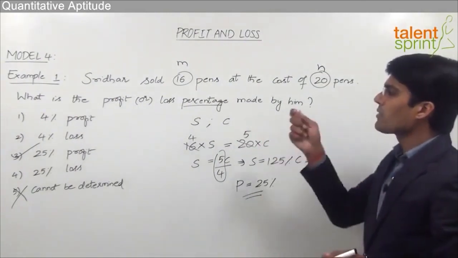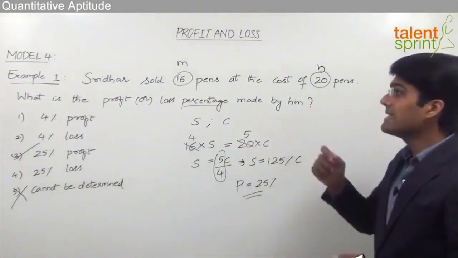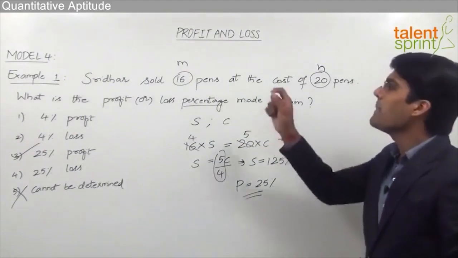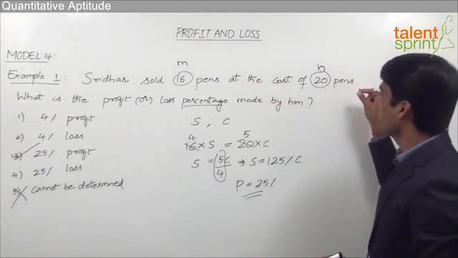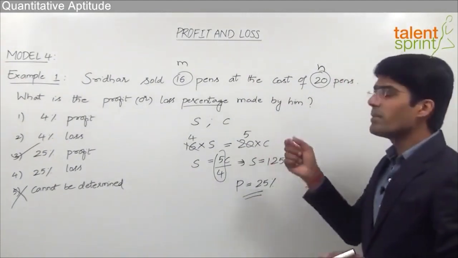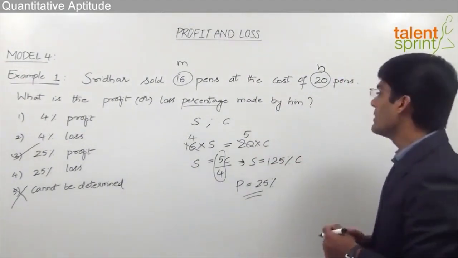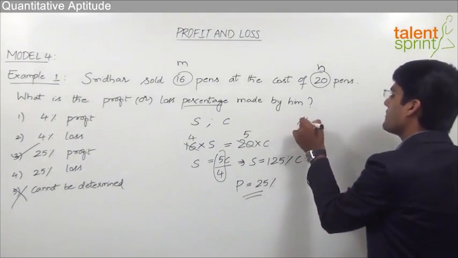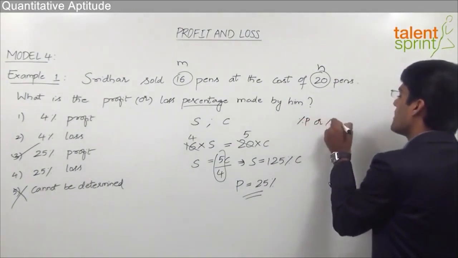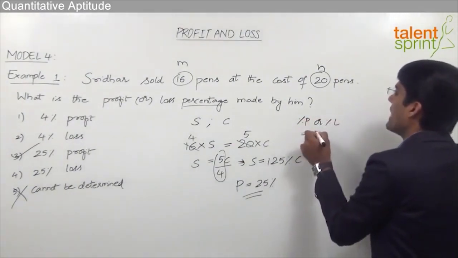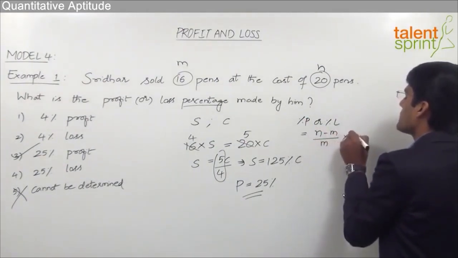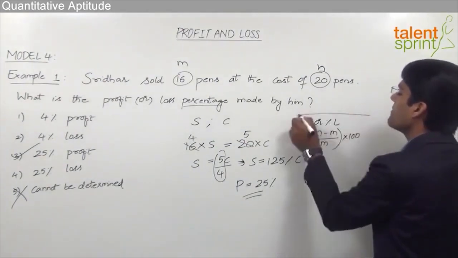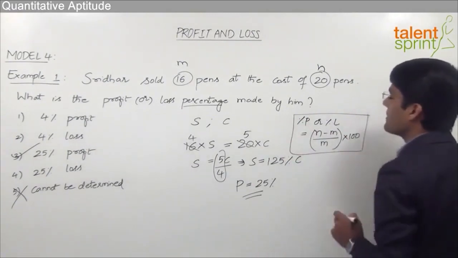So to find out the profit or loss percentage in these type of questions, that is, if M articles are sold at the cost of N articles, then the percentage of profit or the percentage of loss will be equal to (N minus M) by M into 100. So if you can simply remember this formula, the answer can be obtained directly.